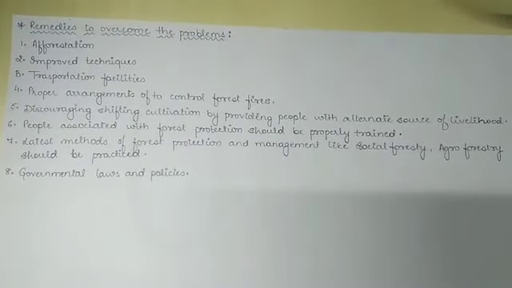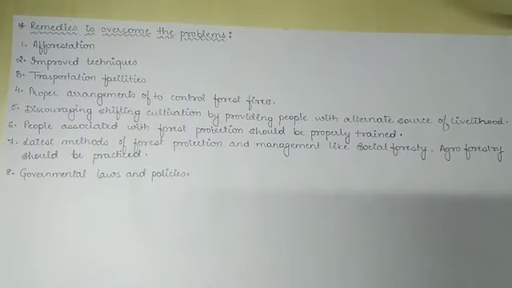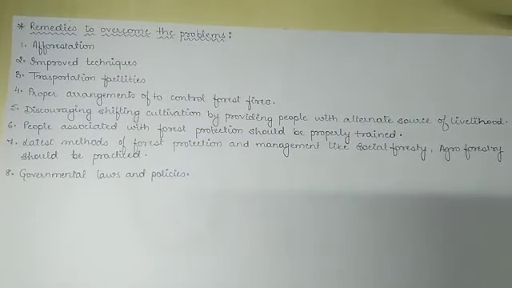Some of the remedies to overcome these problems, first and foremost, is afforestation. We actually need an intensive developmental scheme for afforestation, and we can also use high yielding varieties in suitable areas. Okay. The next thing, the most important point, is improved technique.